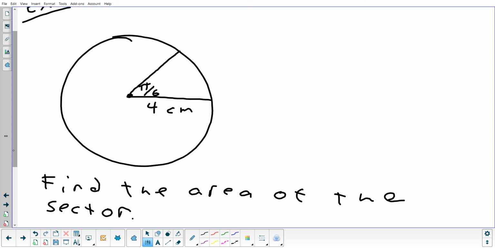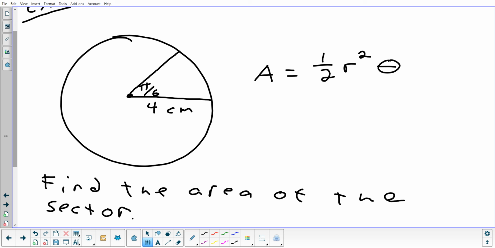Okay, good. So once I figure out what it's asking for, the first thing I usually do is just write that formula down. Okay, Tyler, can you tell me what's my formula for area? Half r squared theta. Yep, 1/2 r squared theta. Now, if I read the directions, it says find the area.